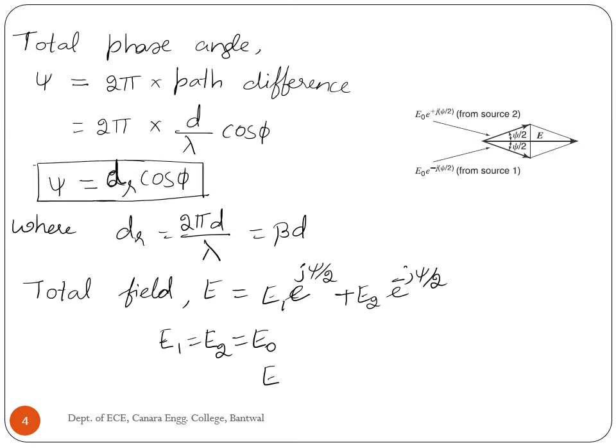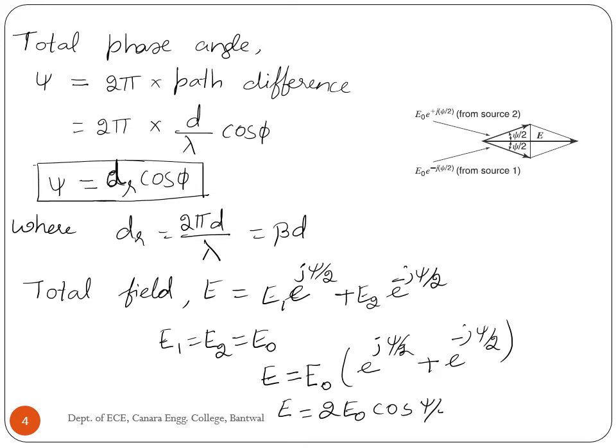Therefore, the total field is equal to E0 times e to the power j xi/2 plus e to the power minus j xi/2, which gives E equal to 2 E0 cos xi/2.